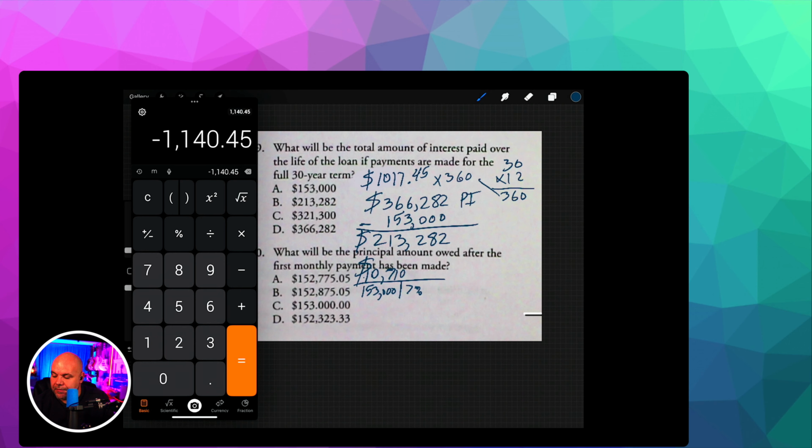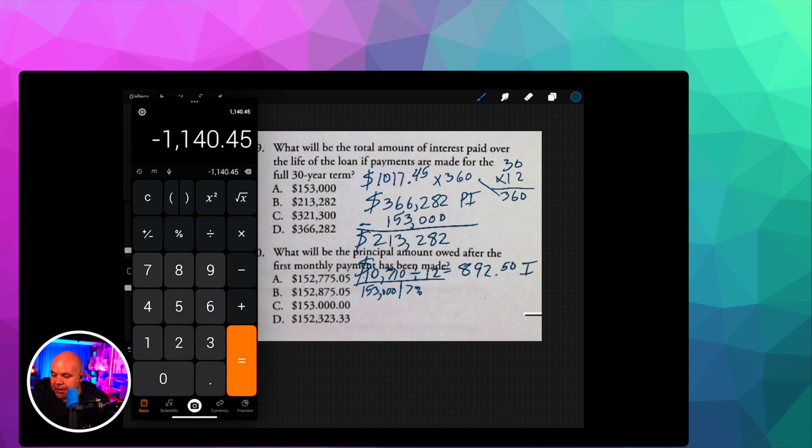That's annual. Convert that to monthly. $892.50 is the monthly interest.